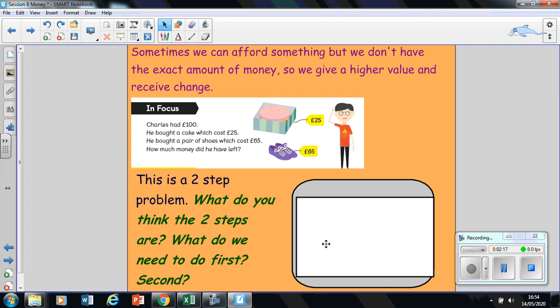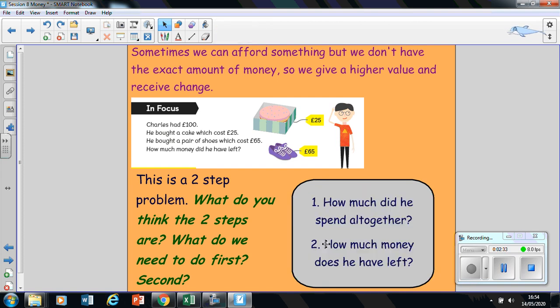Okay, hopefully you've had a think about this, and like I said, there are 2 steps that we want to think through and embed in our brains so that as we move on we can work out what we need to do. So the 2 steps are that you've got to remember how much money Charles had altogether.